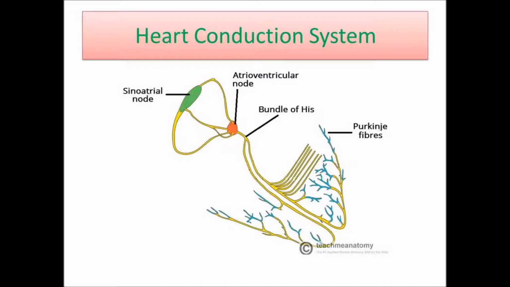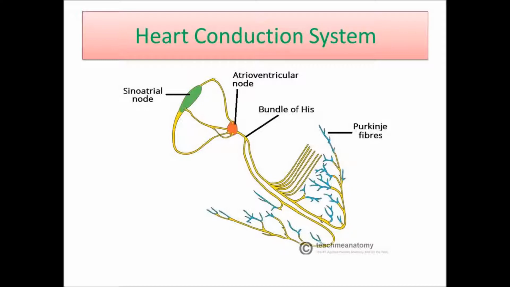The conduction waves start in the SA node. The SA node is located in the right atrium near the entrance of the superior vena cava. You can see here the SA node as the green spot on the left upper corner of this picture.